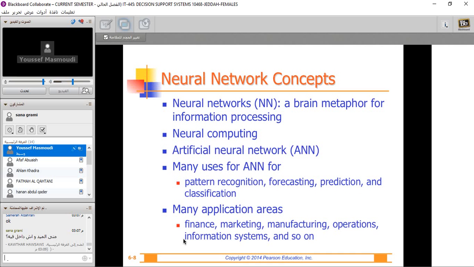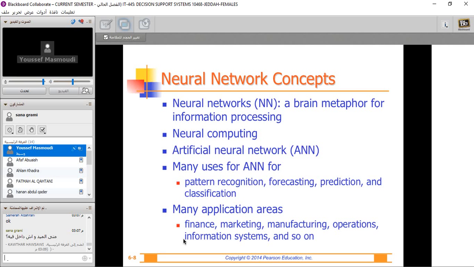Okay, slide number 8. Neural network concepts. Neural networks, which is a brain metaphor for information processing. So metaphor, يعني في وجه تشبيه بين الbrain and how the neurons are communicating between them in the human brain and the artificial network.